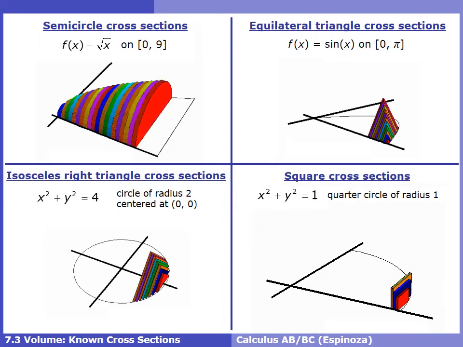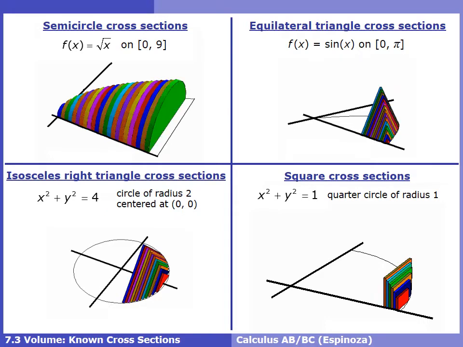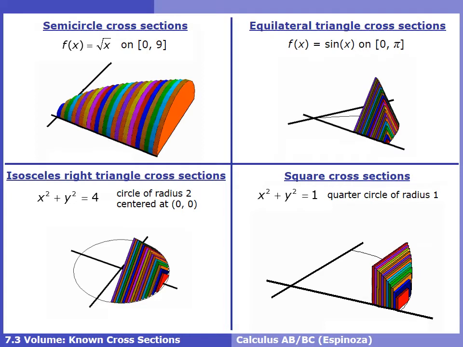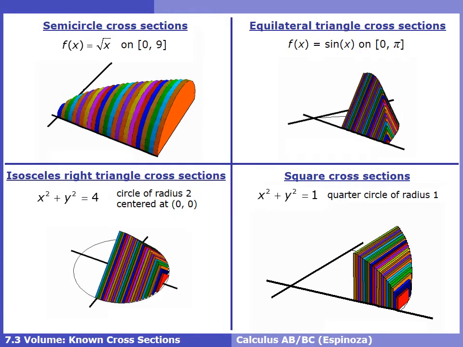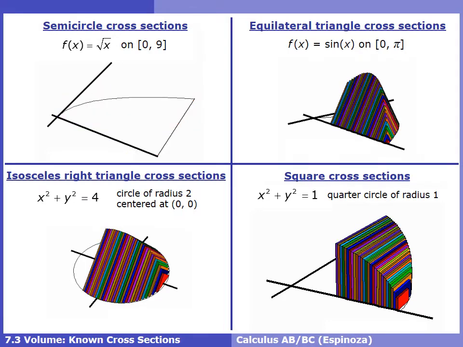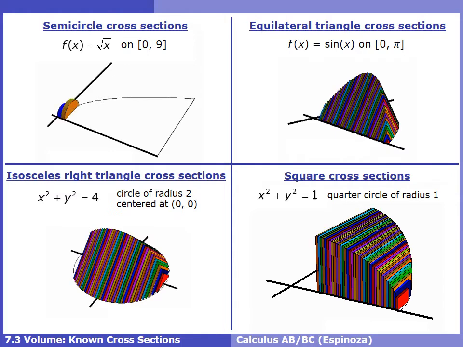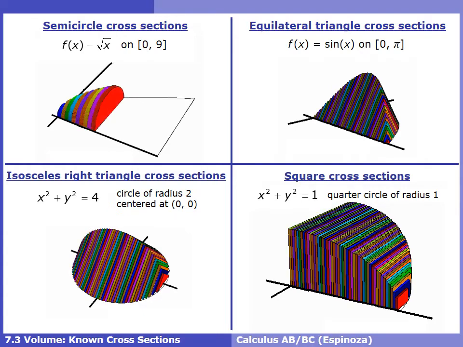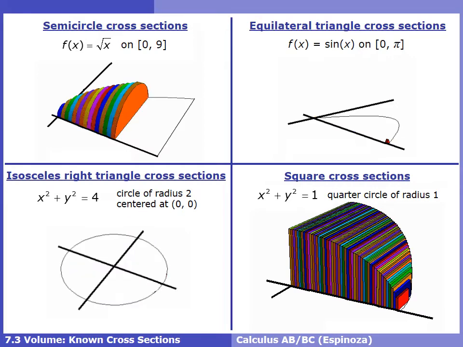Ultimately, what's happening with these problems is that these areas in our xy plane that we've been seeing since 7.1 and 7.2 are going to serve as the base of a three-dimensional solid where there's a certain shape sticking out of that solid. And of course, you can see in these animations, I don't know exactly how many of these slices there are, but certainly if we want to find the exact volume, we're going to need to put an infinite amount of slices there.